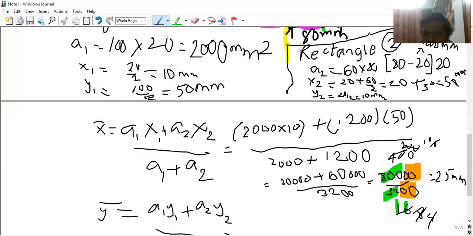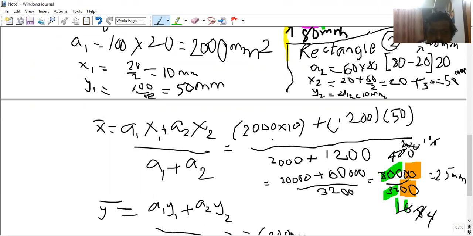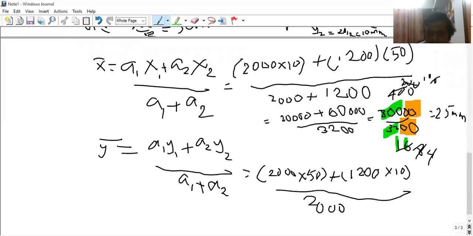Simple calculation, students. Now coming to your y bar, same way. A1 was our 2000 into what is the y1? Y1 is 50 plus A2 is 1200 into y2 is our 10 upon 2000 plus 1200.